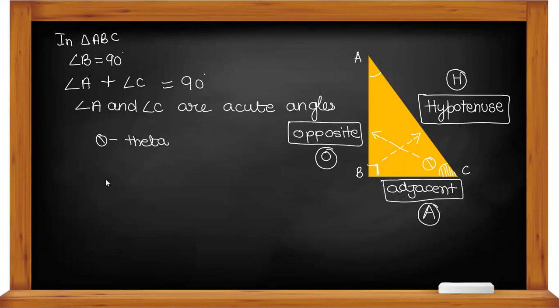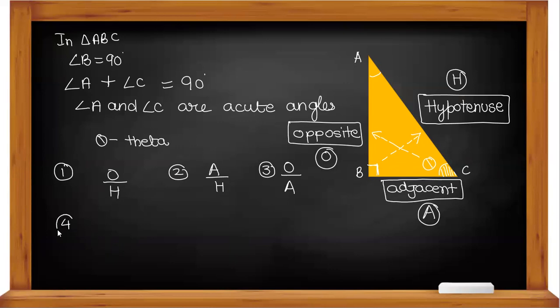The first ratio is O over H, that is the ratio of opposite and hypotenuse. The second ratio can be taken as adjacent over hypotenuse. The third ratio can be taken as opposite over adjacent.